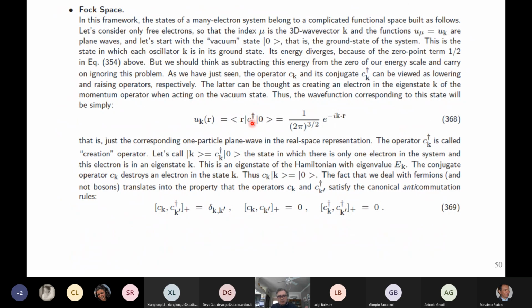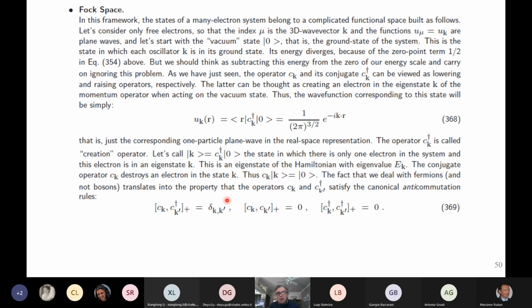Remember, this is the Fourier coefficient of the field, the coefficient when I expand my field into the eigenfunctions of the Schrödinger equation, considered classically. And the operator c is called the annihilation operator because it destroys a state k. You see that I can immediately generalize it. If these were bosons, like harmonic oscillators, I can create many electrons in a state k, and I can destroy one electron in a state in which I have more than one electron.